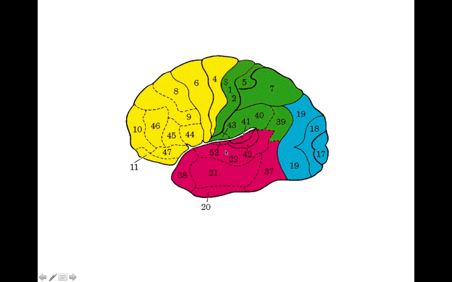In the temporal lobe, you have areas 41 and 42 for the primary auditory areas, and area 22 constitutes the Wernicke's area. This is the area which constitutes the Wernicke's area in the superior temporal gyrus.